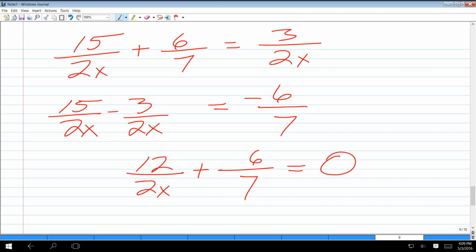Don't forget to put the 0 on the other side, because when you've subtracted 3 over 2x from the right side, you left 0. Now, there's a couple of ways to solve that. I can combine those two, and that would be equal to 0. But why not just move the number to the other side?